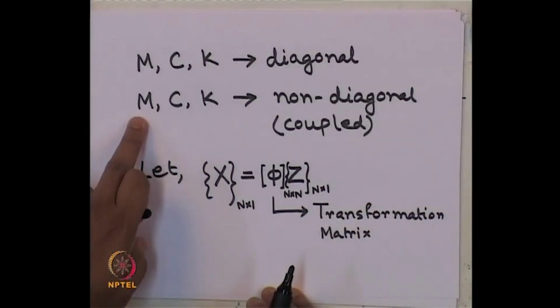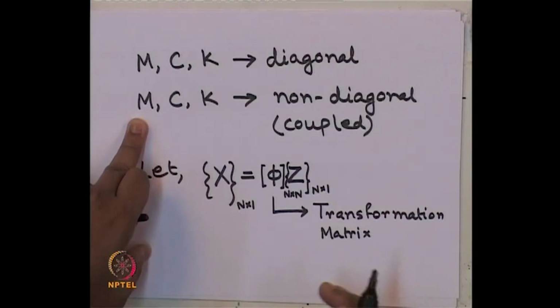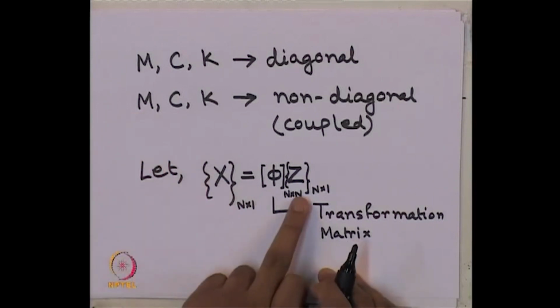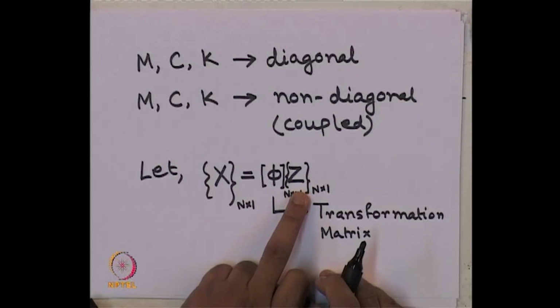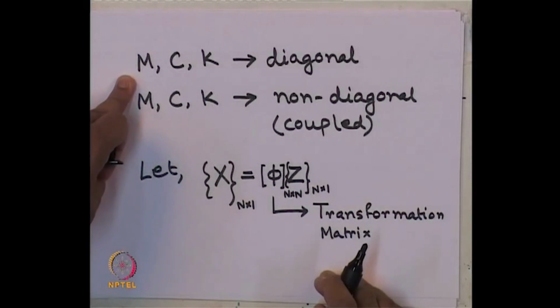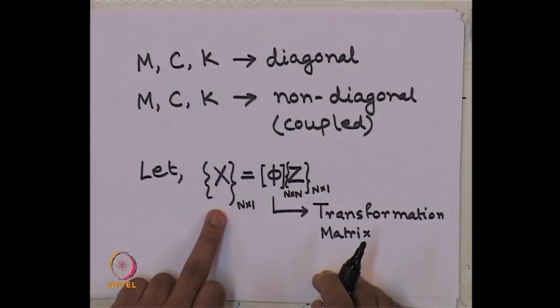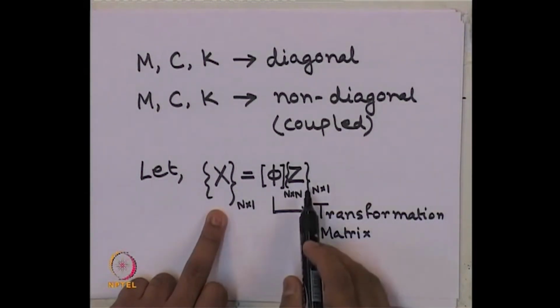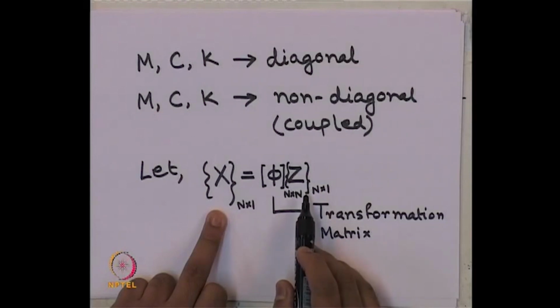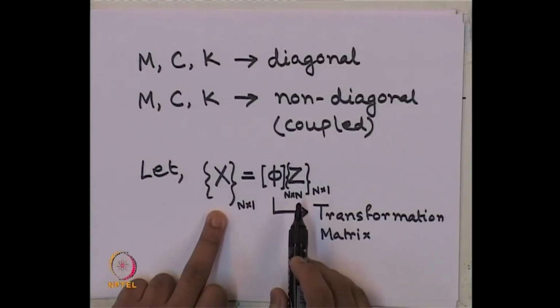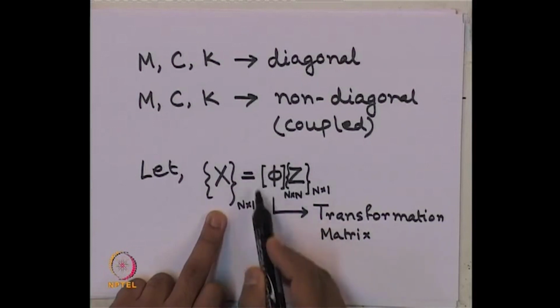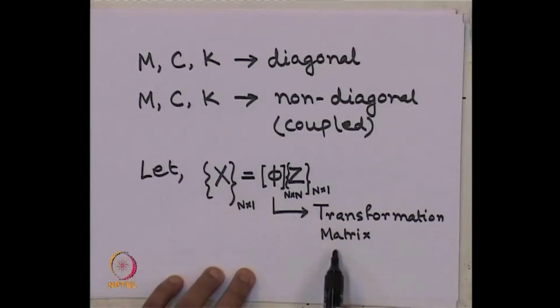X is our chosen degrees of freedom in our assumed coordinate system, whereas z is the natural coordinate system where we get M, C, K all diagonal. So, we are transforming our assumed coordinate system to the natural coordinate system, because then our solution will be easier. That is why we use an operator, the transformation matrix.